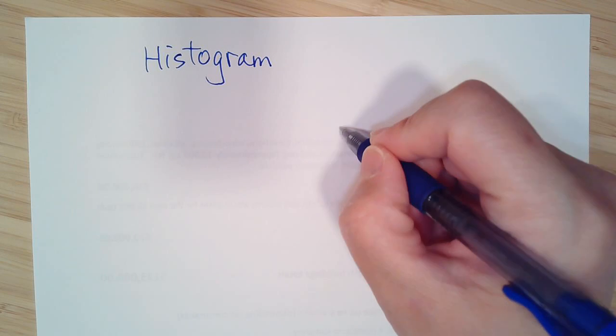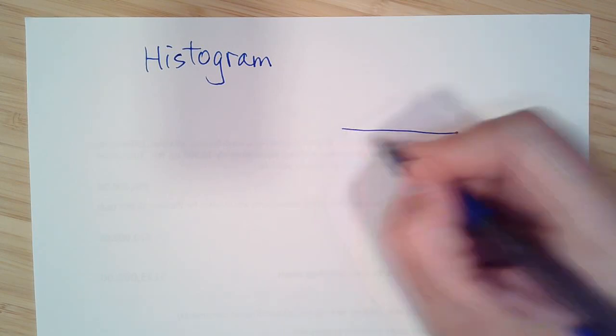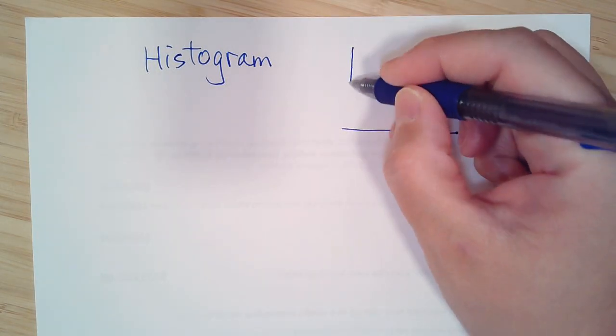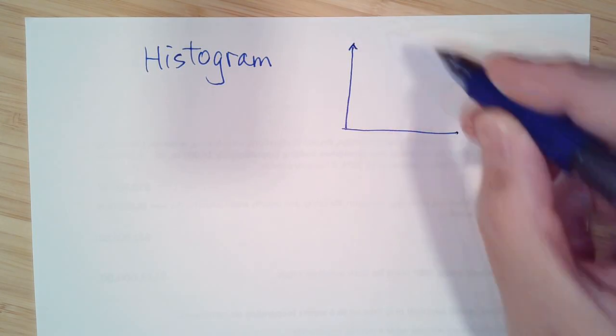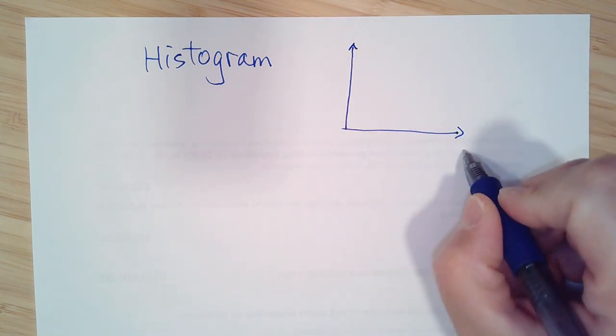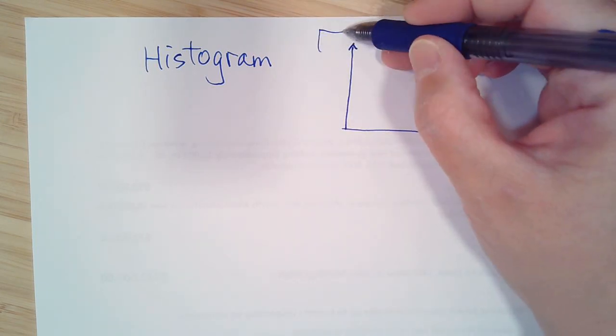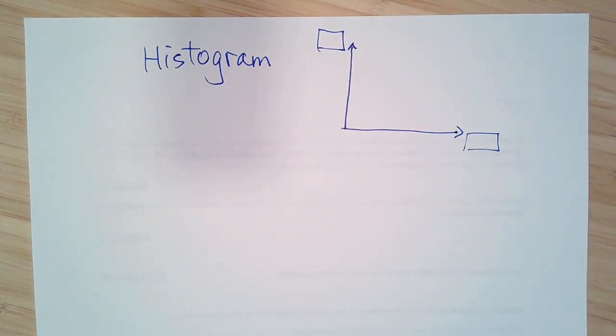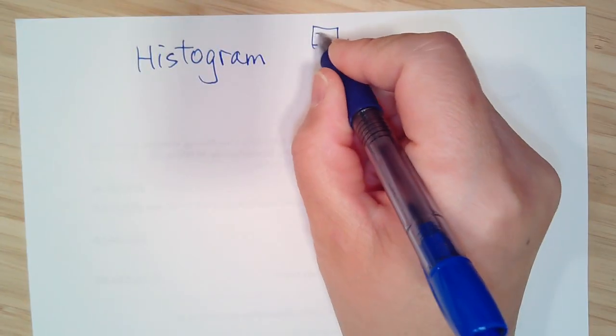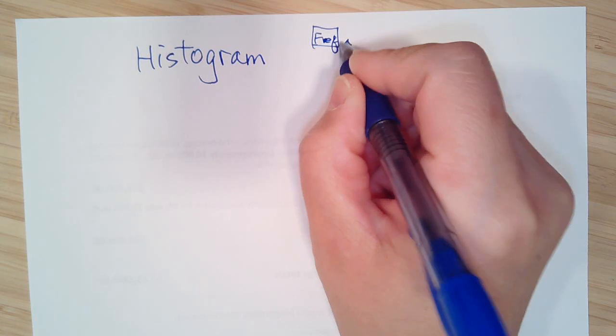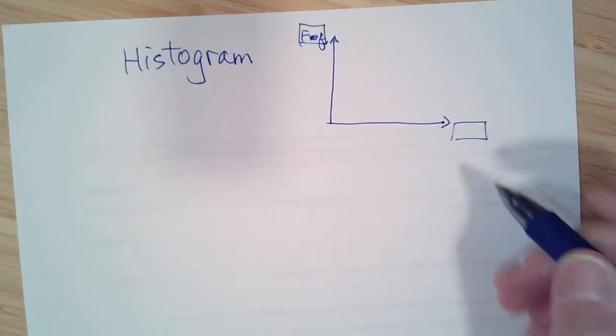The histogram looks like this: there is an x-axis, or the horizontal axis, and there is a y-axis, or vertical axis, and both have some label. You have to say what this is, and it usually comes with a unit. But this is either frequency or relative frequency, so that's a histogram.